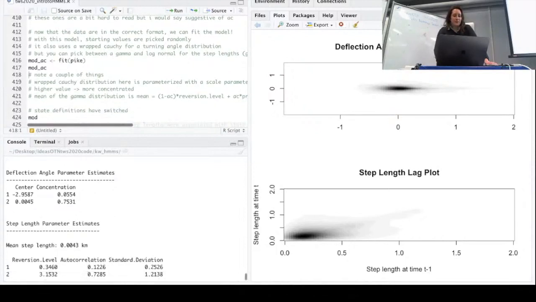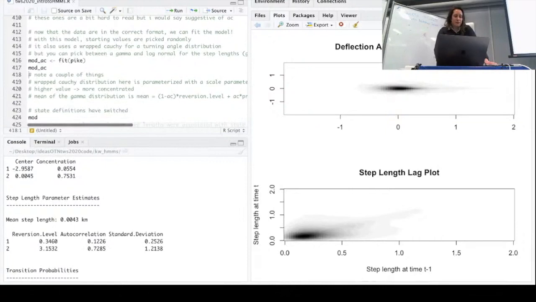Down here, we have the step length parameter estimates. It's your mean reversion level, so this tells you the average step length that you're going to take without autocorrelation. Then your autocorrelation is added to that, because you're saying that your next step is related to your previous step, so that previous step actually gets added to your mean.